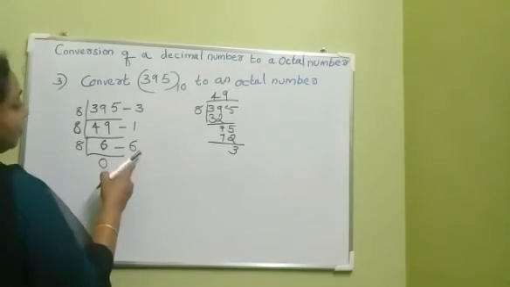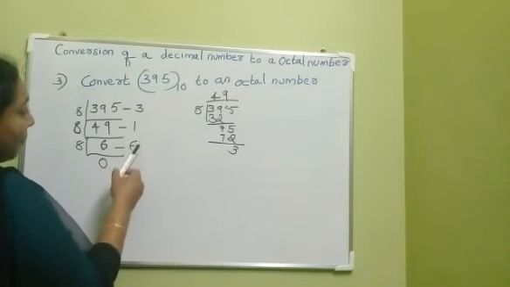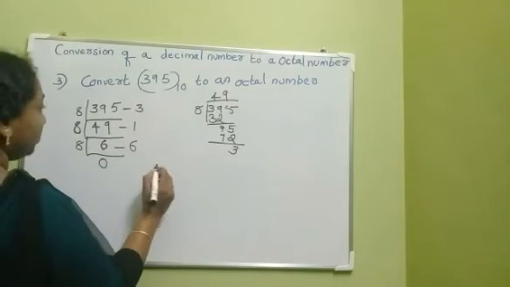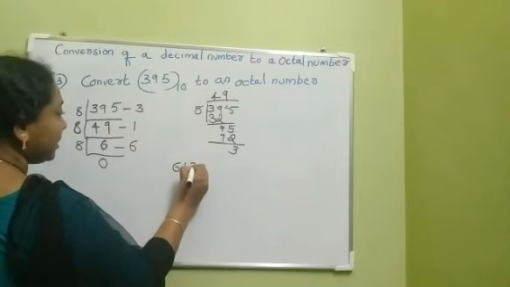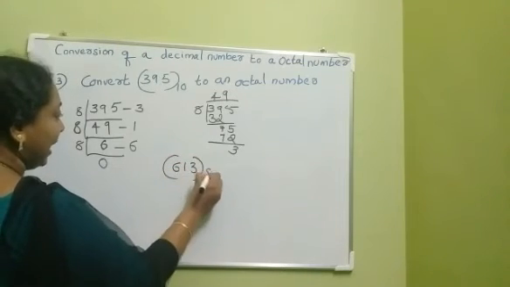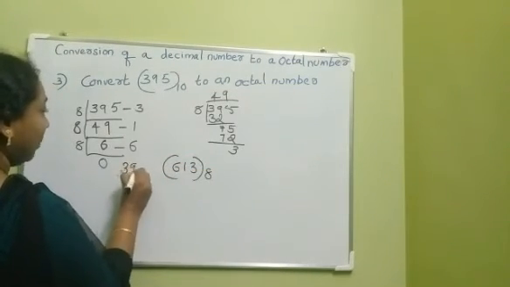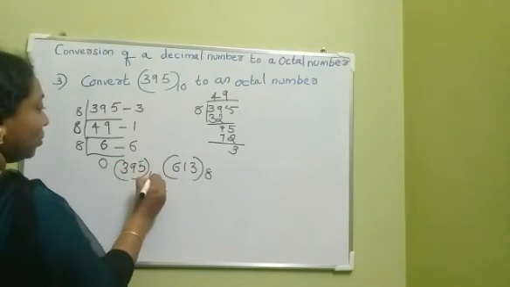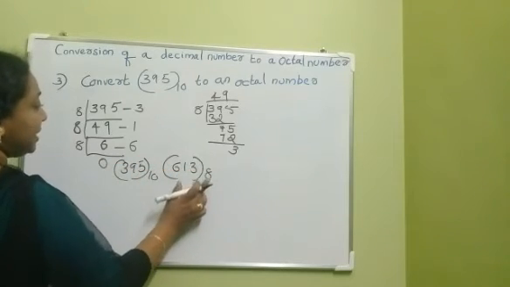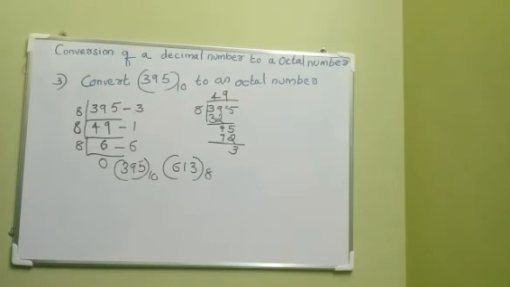Arrange from bottom to top, that is 6, 1, 3 base 8. So 395 base 10 equals 613 base 8. Is it clear?